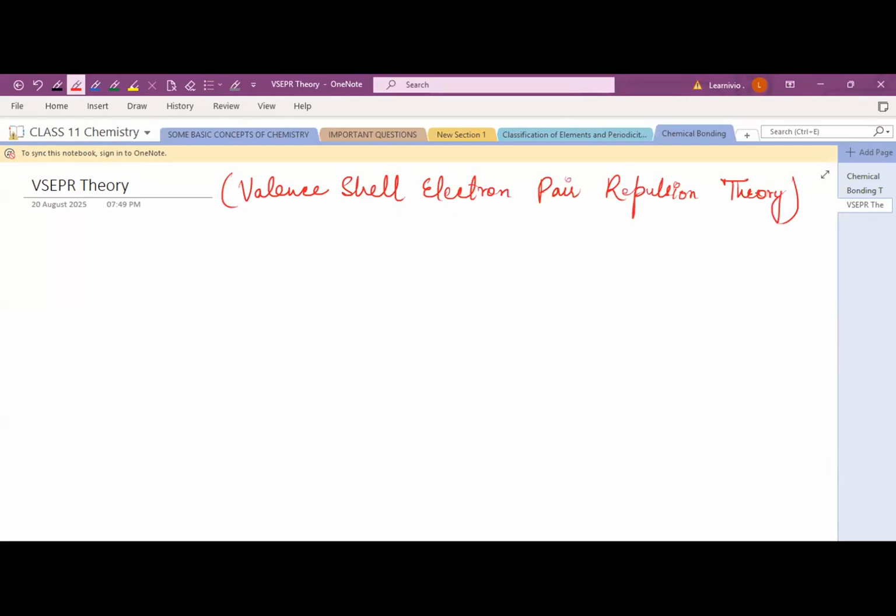This theory is very important, and the principle of this theory is based on the electron pair repulsion.